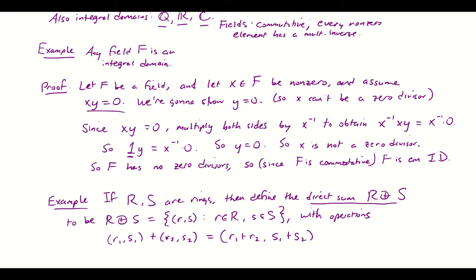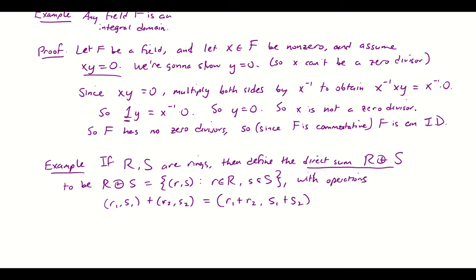So we just add in each coordinate. And then here's how we define multiplication: (r1, s1) times (r2, s2) is equal to (r1 r2, s1 s2), just multiplying each coordinate.